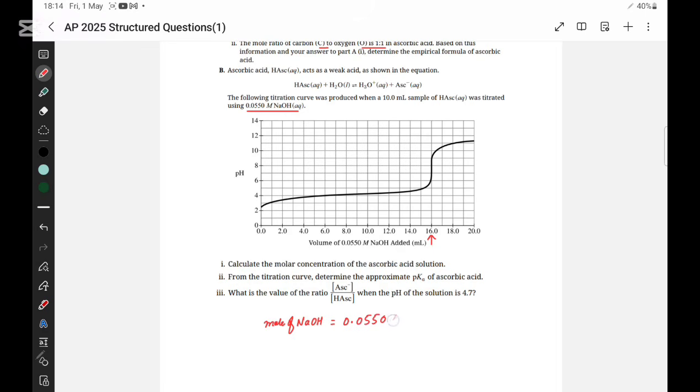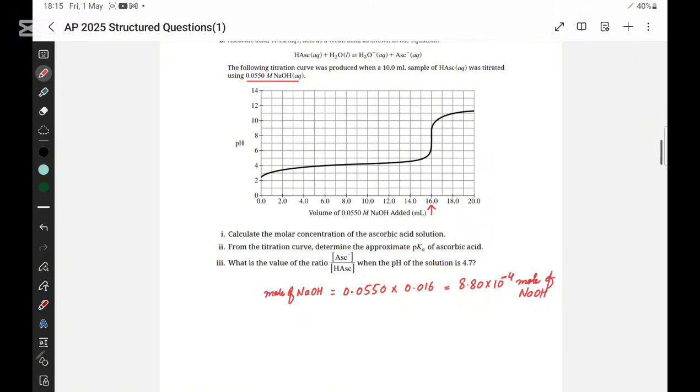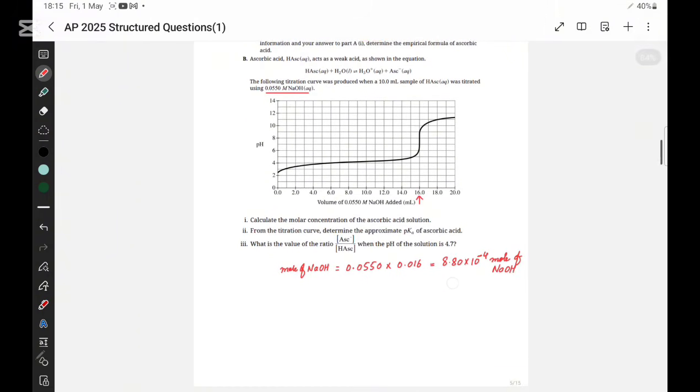Mole of NaOH is equal to concentration times volume, which is 0.016, and that comes out to be 8.80 times 10 to the power minus 4 mole of NaOH. And NaOH and HASC is 1:1. So if it is going to be 8.8 times 10 to the power minus 4, this is also going to be 8.8 times 10 to the power minus 4.